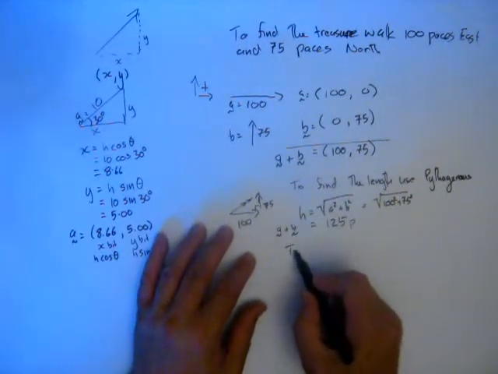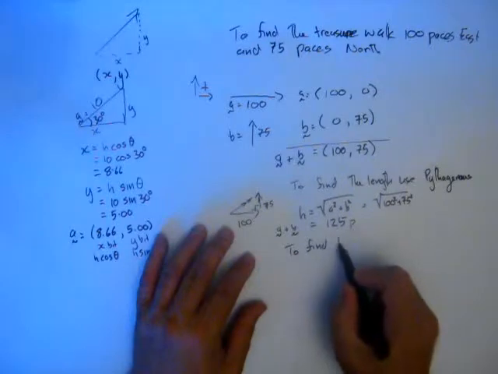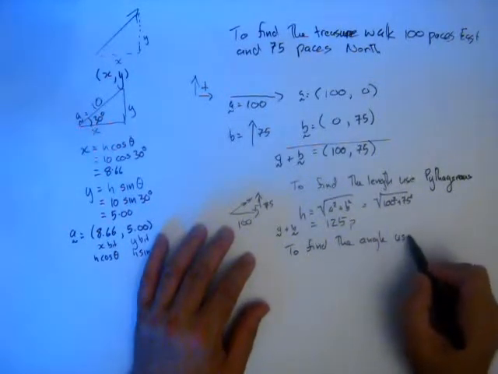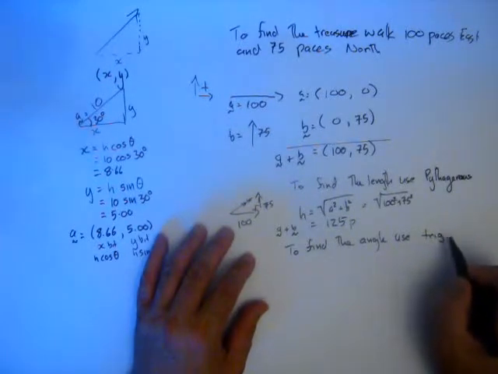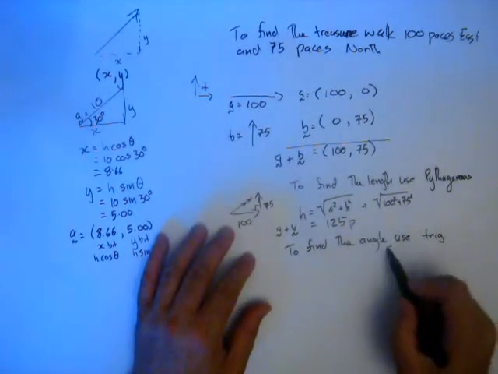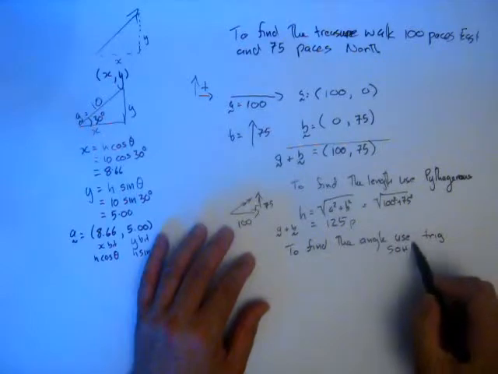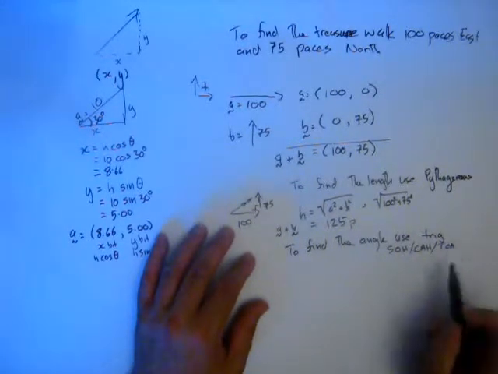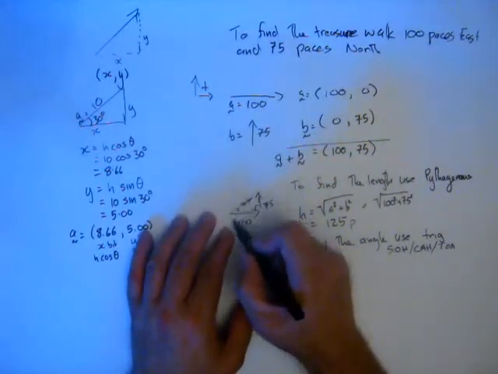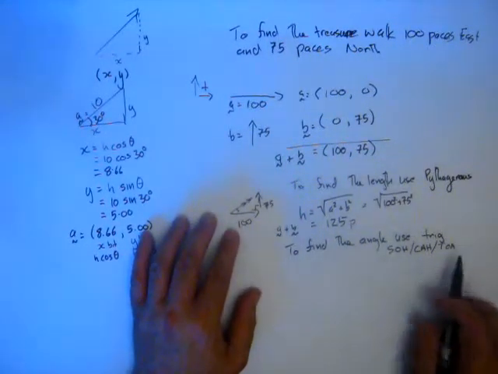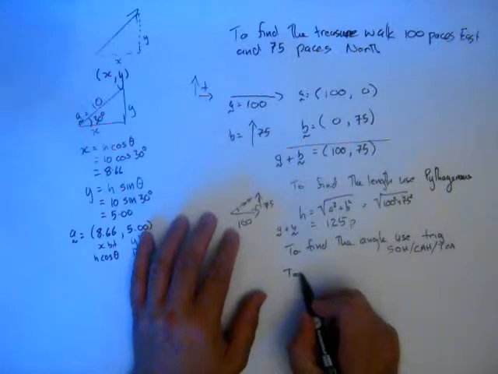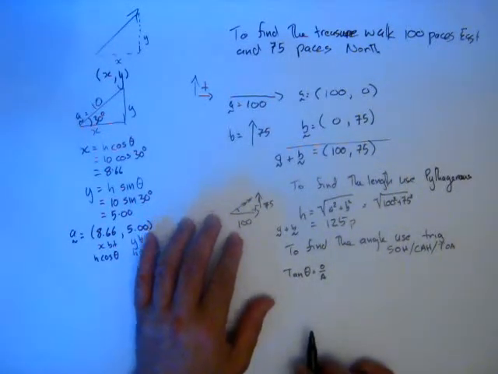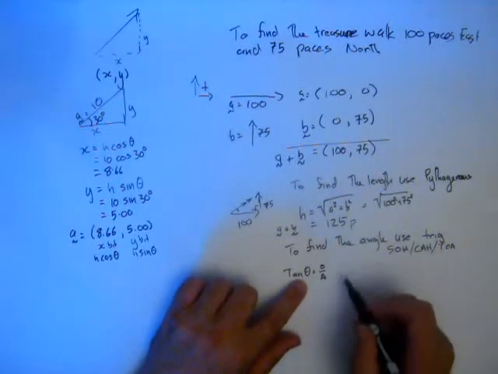To find the angle, use trig. In this case, we're going to use SOHCAHTOA. We've got the opposite and the adjacent, so we're going to use tan theta equals opposite over adjacent. I want to find theta, so I have to use the tan inverse function.